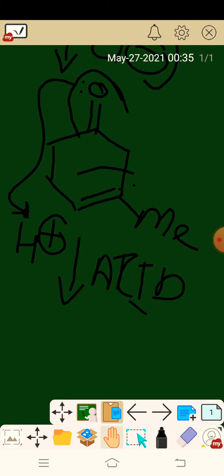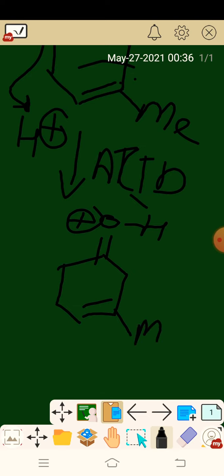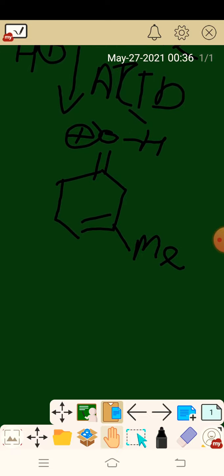So in the next step the H+ ion will attack here and form a bond with oxygen, generating a positive charge here due to the loss of the lone pair. This charge is only from the loss of the lone pair, okay, no other charge.